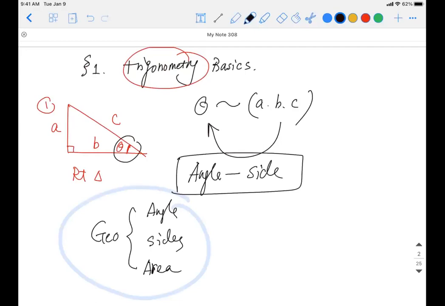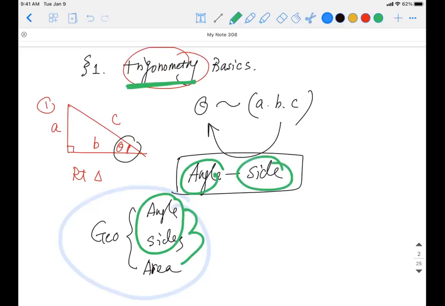And intuitively, why do they want to ask you this? Angle, side, area. What's the relationship between these three things? Especially, what's the relationship between the angles and size? This is actually a very intuitive question, right? So trigonometry is a topic that gives you guys some ideas or strategies for how to build up the relationship between certain angles and certain sizes. So this is basically where we come from.